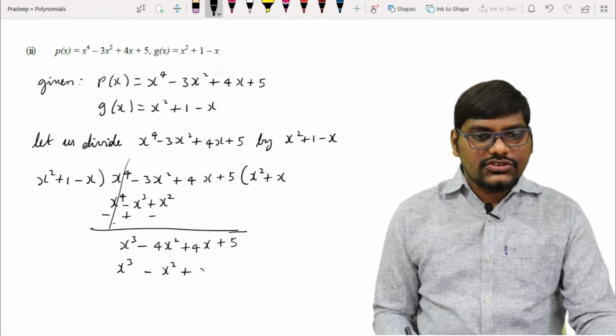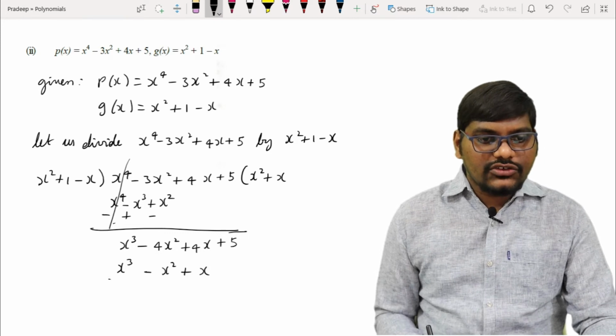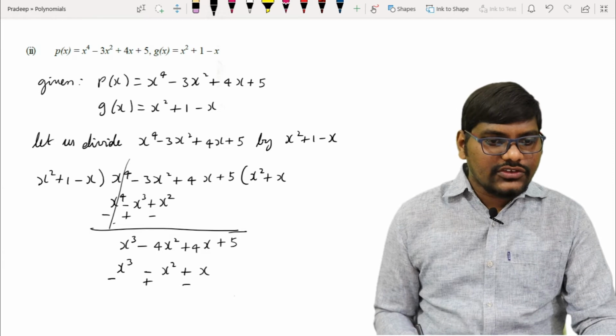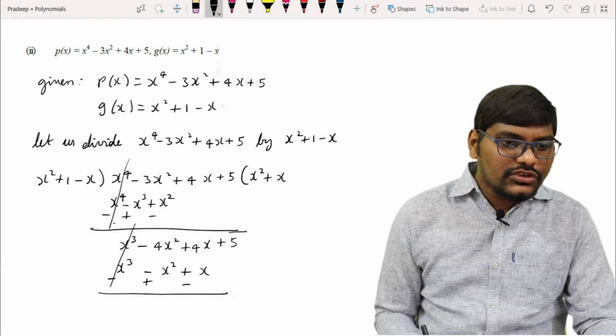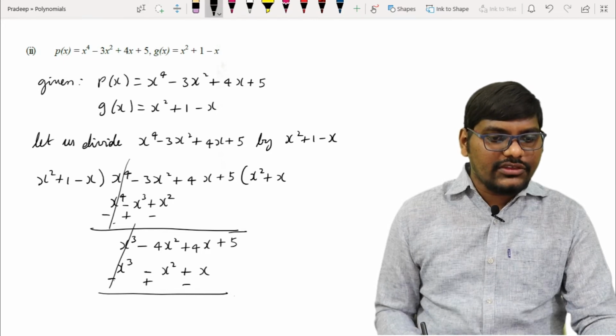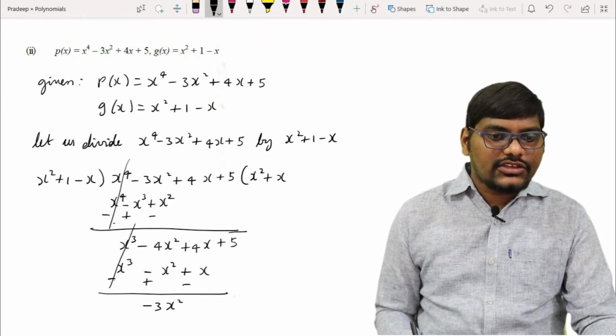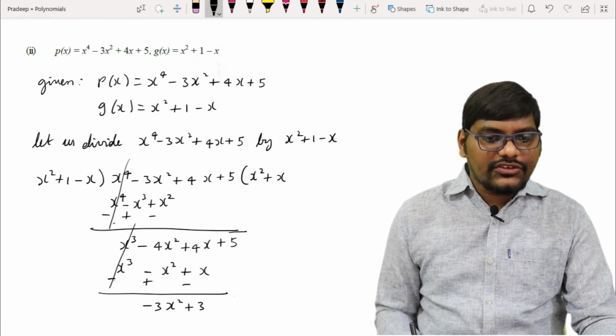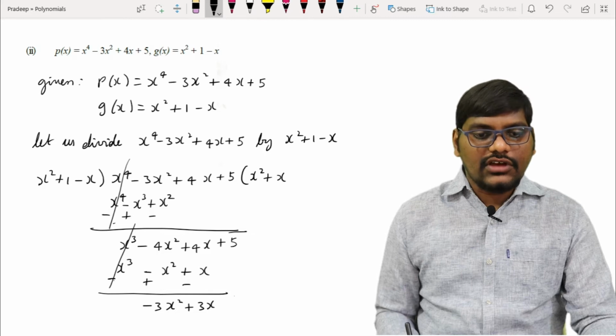Okay, so let's solve it. So this is minus, this is plus, this is minus. So we could just cancel these values, these both get cancelled, and this is minus 4x square, this is plus x square, which means we'll be getting minus 3x square, and this is plus 4x and minus x, we'll be getting this as plus 3x, and this 5 also I'll just take down, so plus 5.